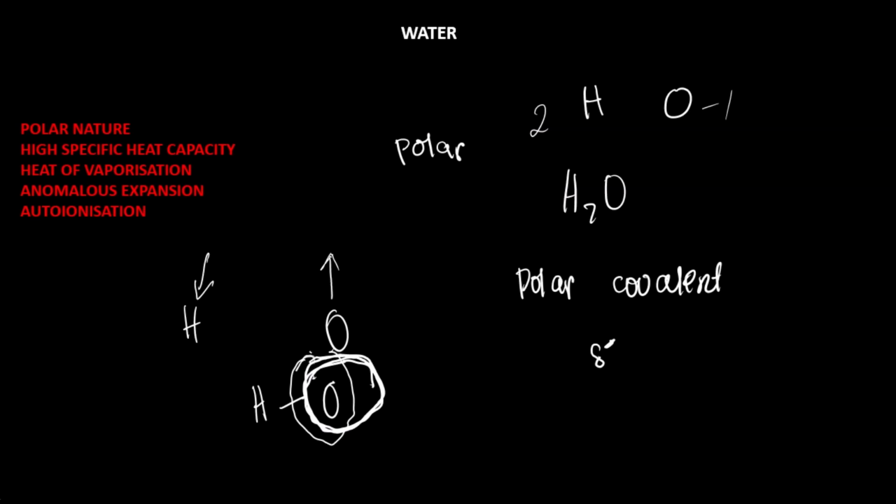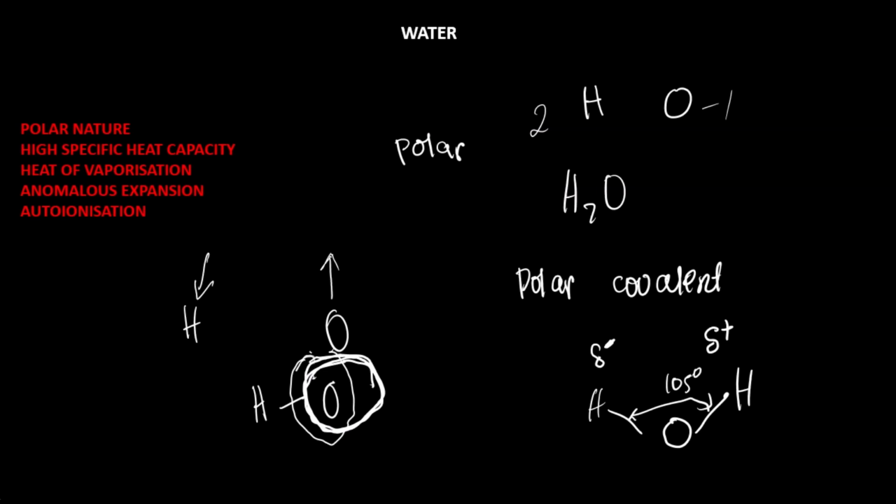The shared pairs of electrons are closer to the oxygen side, and hydrogen has a partial positive charge. Now, the bond angle between the oxygen and the hydrogen is about 105 degrees, and water has a bent shape or a V shape. Okay, now why is this polar nature of water so important?